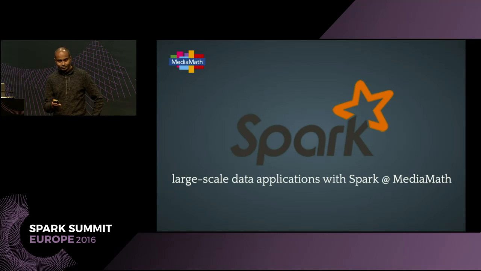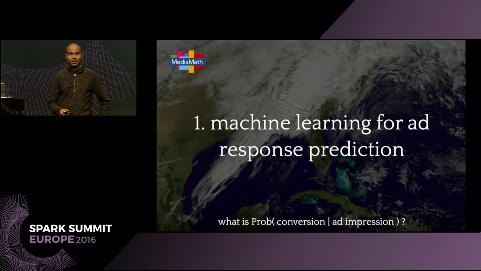Okay? The first one is a core application for our business, which is predicting the response to an ad from a user. So what is the probability that a user will respond to an ad or will have a conversion? When I say conversion, I mean any desired behavior that the advertiser cares about.